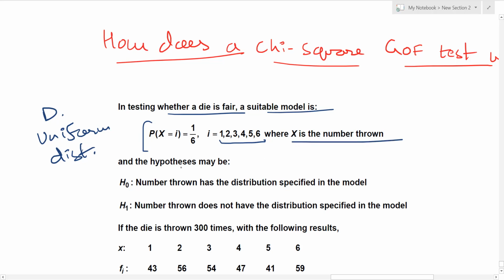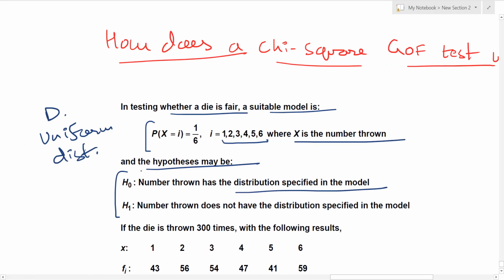The hypothesis will be: H naught is that the number thrown has the distribution specified in the model. We'll check whether a given die is a fair die or not. That is the comparison we are making.